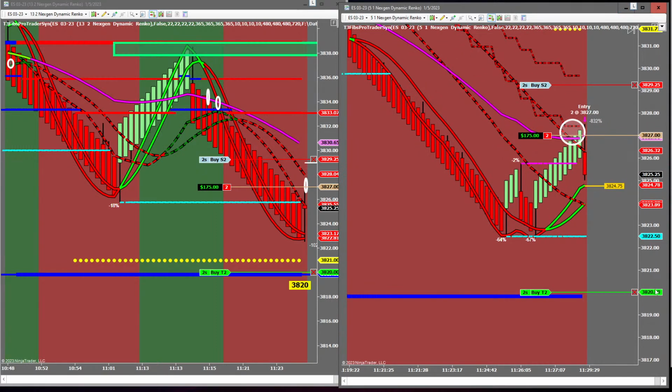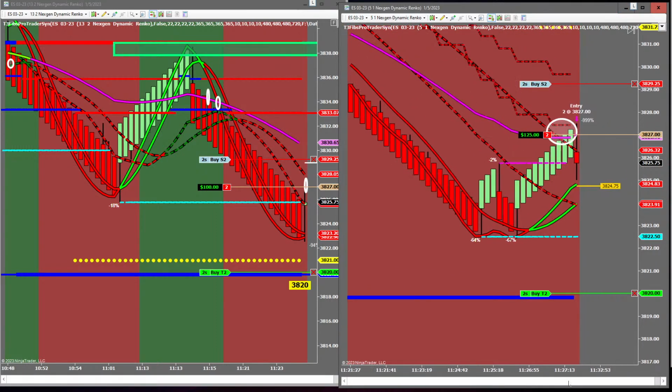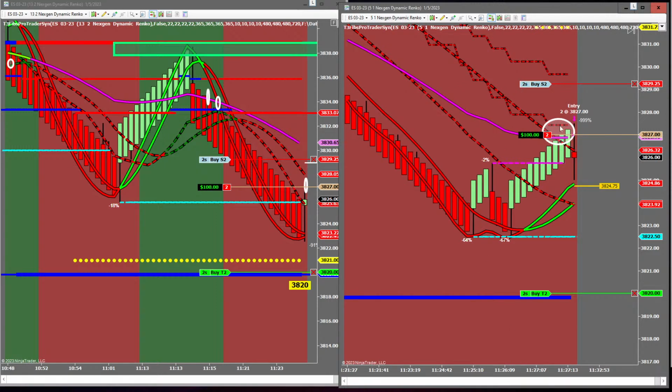Now, when are we going to reduce our risk, guys, on a trend trade? When we get down bars. First profit target? Yeah.